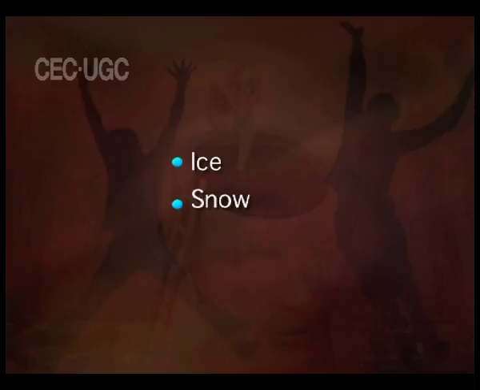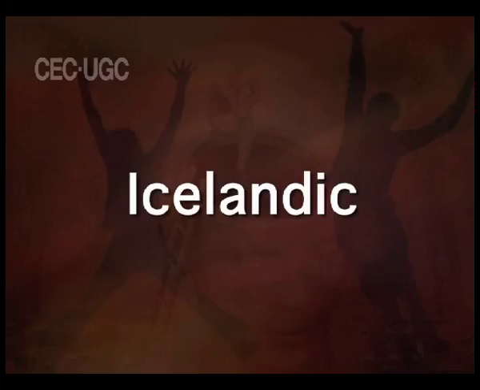Linguistic differences play a very important part in affecting the communication process. For example, the word ice. We have 2 or 3 variations of that word probably in English: ice, snow, things like that. Now, if you see the language spoken in Iceland, Icelandic, there are more than 20 different words just to refer to the word ice or snow.